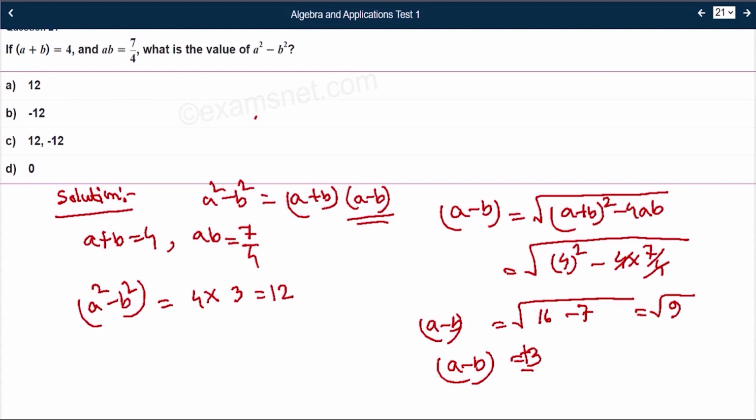So if we take the value plus 3, our result will be 12. But if we take the value minus 3, then a square minus b square is 4 multiplied by minus 3, which gives us minus 12. So here option C is the correct one, 12 and minus 12, right?